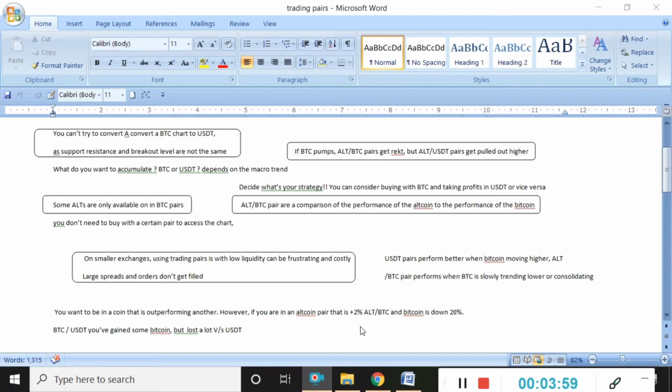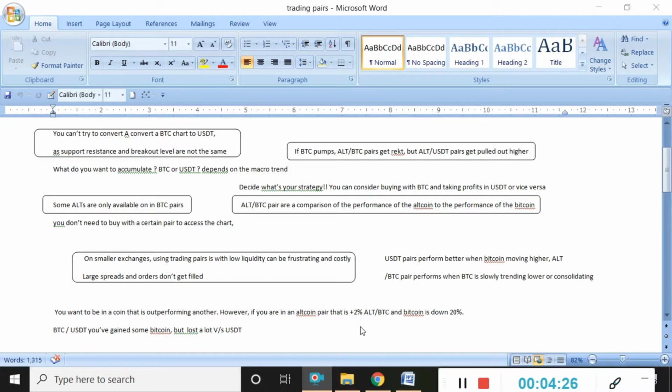If I'm posting a lot of alt BTC charts, it's because Bitcoin is moving sideways. We had a couple of months where Bitcoin and the USDT pairs were the trades to be in, because Bitcoin was constantly moving higher and all the alt BTC pairs were getting wrecked as Bitcoin outperformed them. So then I was posting midterm holds on the alt USDT pairs. Does that make sense? It really depends on the trend of what Bitcoin is doing.